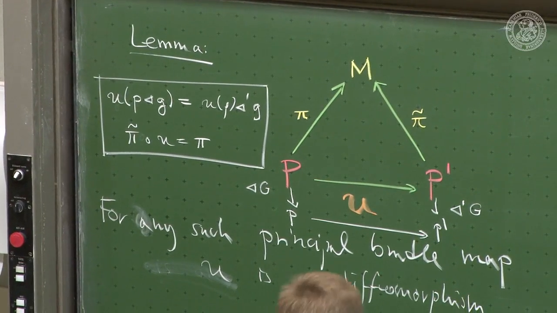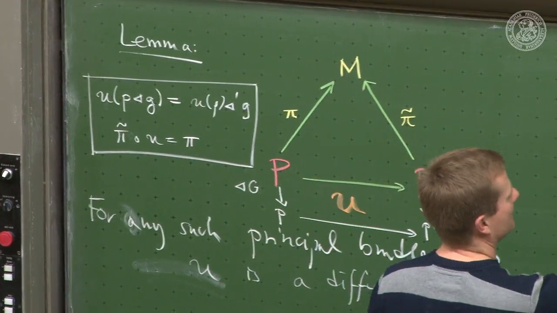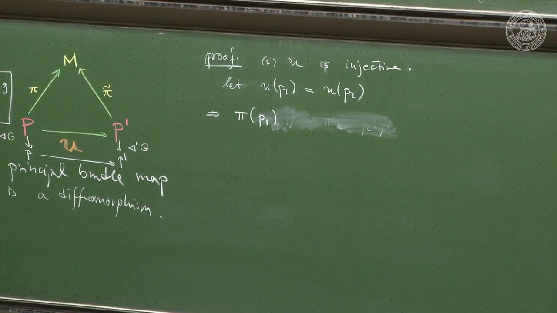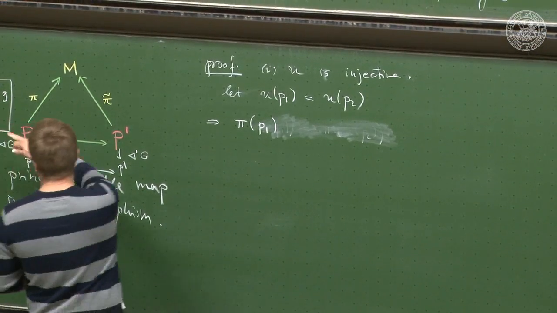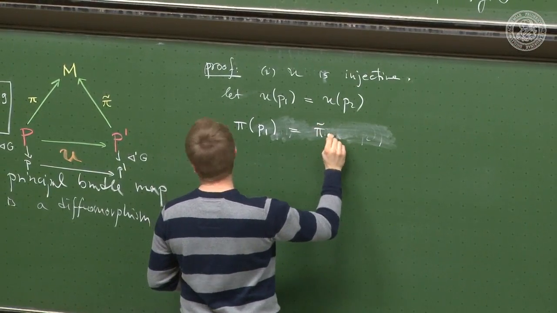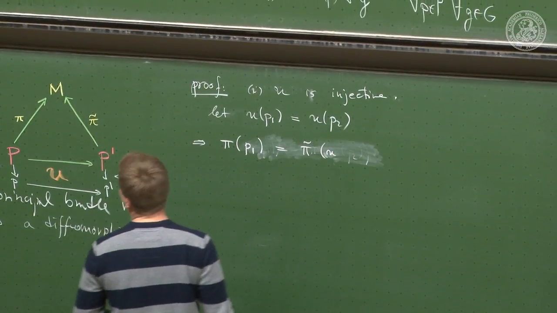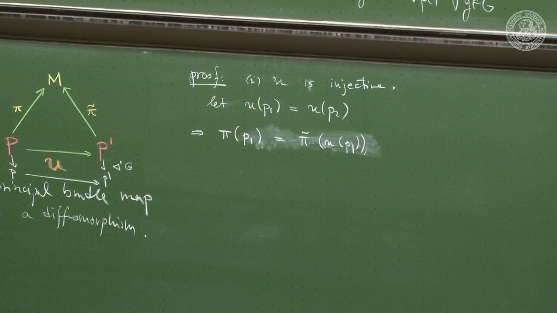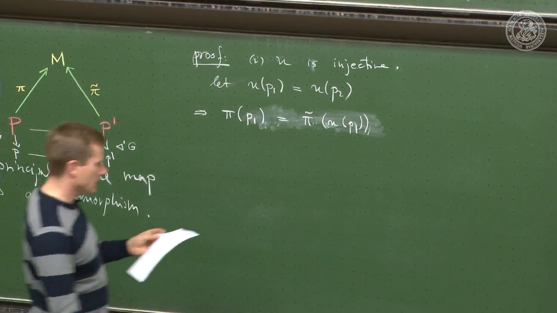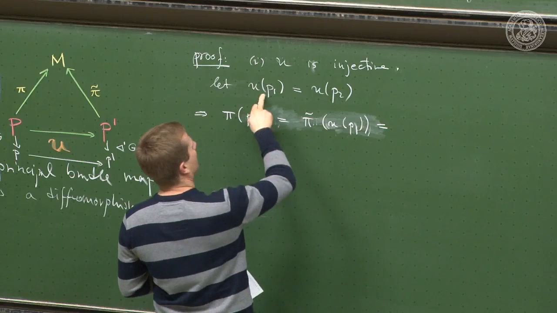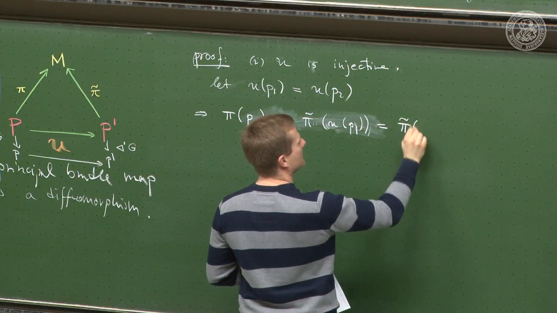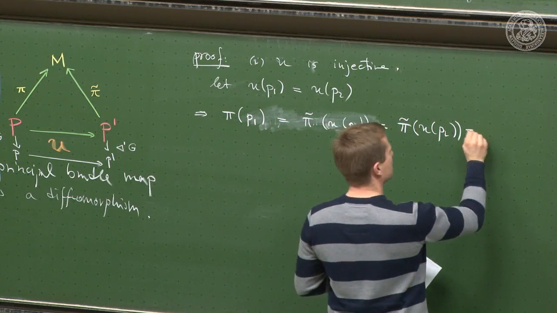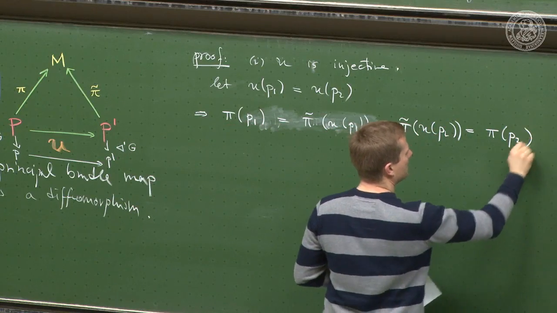Okay, so I could have also looked at something different. So we look at the pi of P1. We can look at this, and then we invoke the first relation here, that pi twiddle of U of P1 is the same thing, because pi is pi twiddle after U. But this is, because we have assumed that these two are the same, the same as the pi twiddle of the U of the other point P2, but that, of course, again, is the pi of P2.